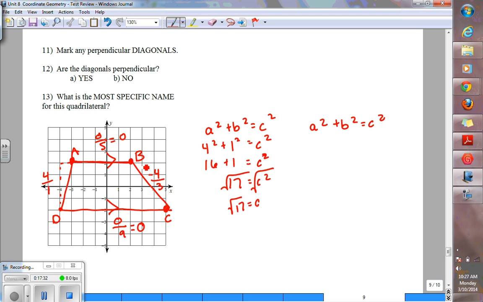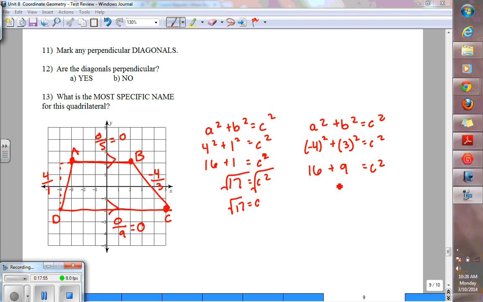And then my other one, I've got negative 4 for my slope and positive 3 for the other portion of my slope. My rise was negative 4, my run was positive 3. Negative 4 squared is positive 16, 3 squared is 9.